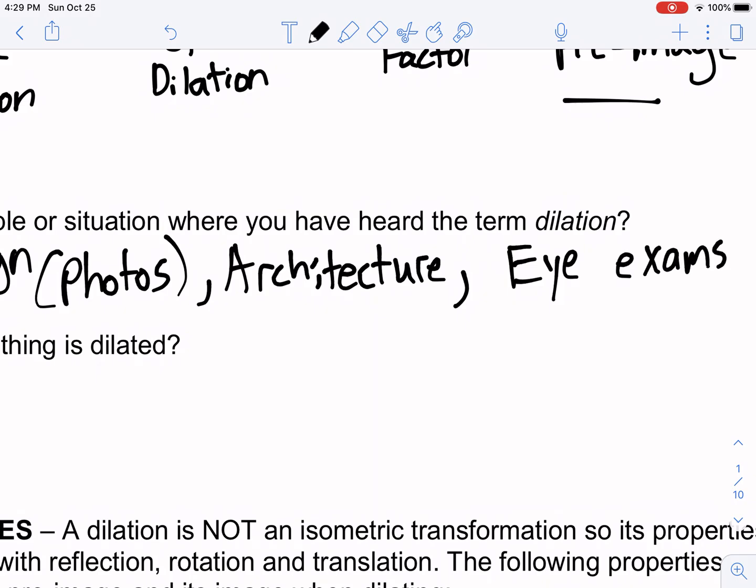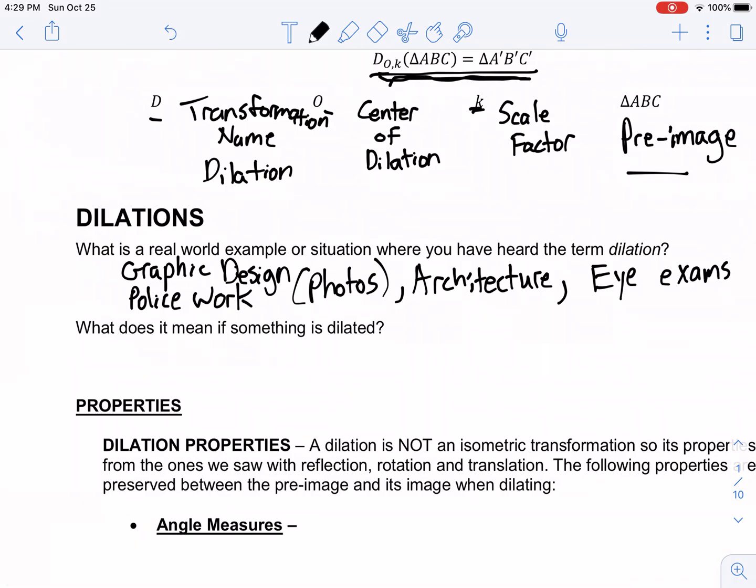So dilations are actually used quite a bit in the real world, depending on the different situations. But what does it mean if something is dilated?